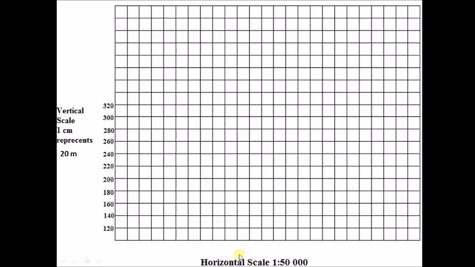Then going to our horizontal scale, on the topographic map, our horizontal scale is always 1:50,000. After doing that, we are going to put that piece of paper which we use to mark off our contour lines, so that we can mark off the points where every contour line touches. We align it on our x-axis.